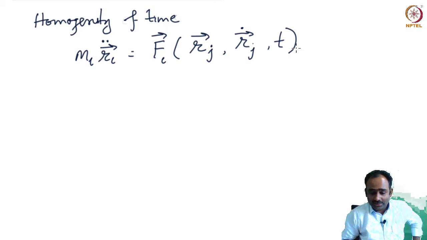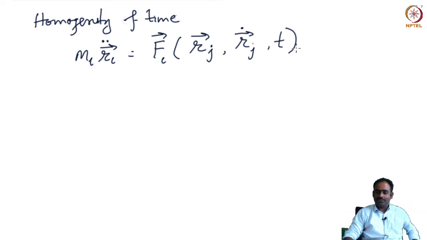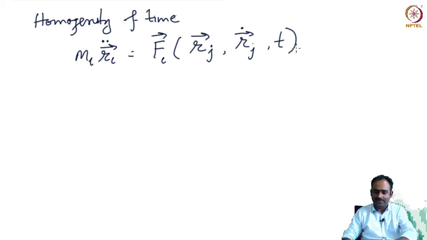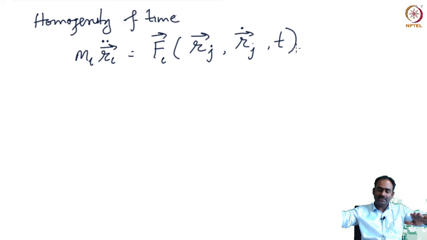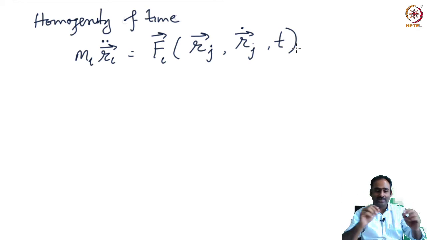Now let's see what homogeneity of time has to say about the forces. Imagine you are doing the experiment now, and all the forces are behaving whichever way they behave, and you get the accelerations of each of the particles at this time. Now as I said, you can do the experiment 1000 years later and you should expect everything the same, meaning all the particles will move around in time in exactly the same manner.